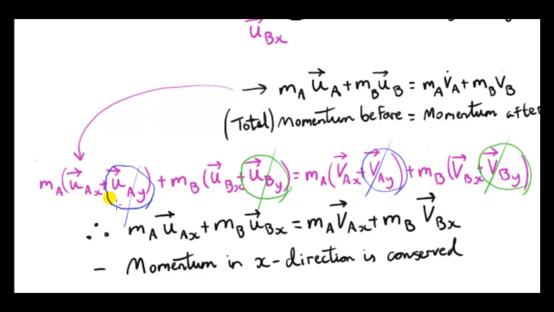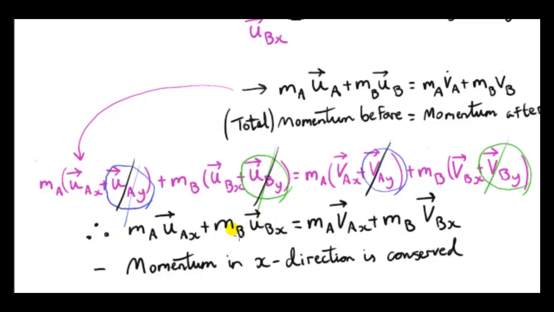So now we see that because we can cancel these out on both sides, on the left hand side we end up with the momentum in the x direction before the collision. Or if you like, this vector here is the x component of the momentum of sphere A before the collision, and this component here is the x component of the momentum of sphere B before the collision.